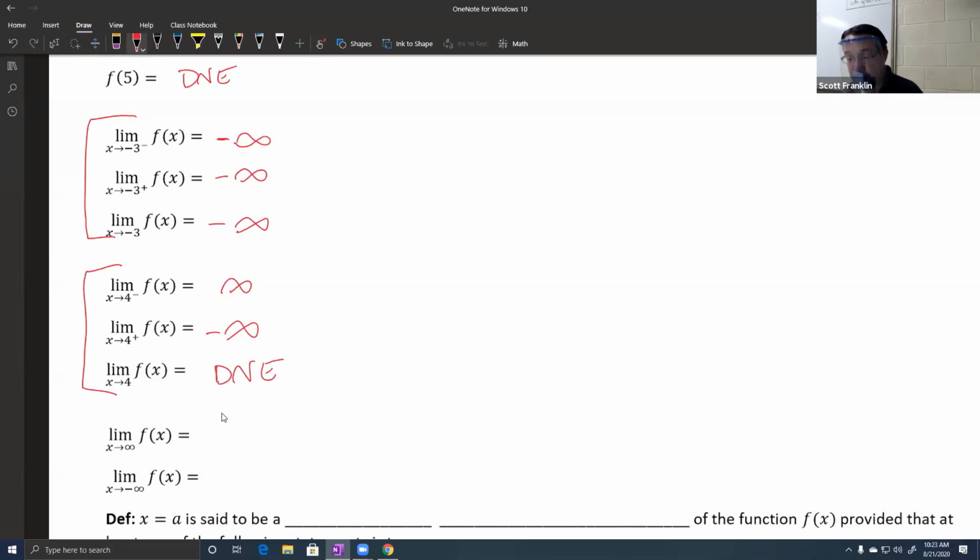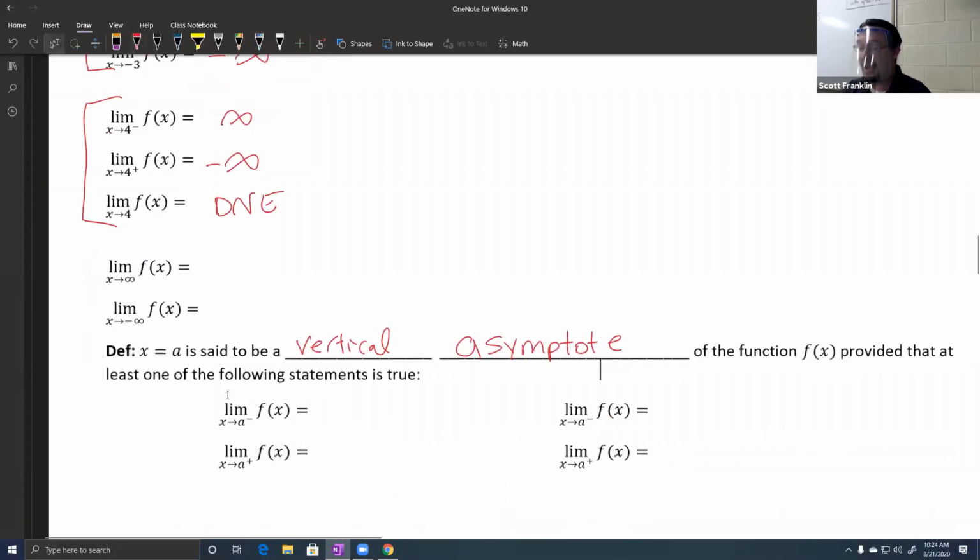So x equals a is said to be a vertical asymptote of the function if any one of these statements is true: the limit as x goes to a from the left is infinity, x goes to a from the right is infinity, x goes to a from the left is negative infinity, or x goes to a from the right is negative infinity. I'm just going to put commas in here, so to emphasize the fact that it's any one of them can be true. And it's called a vertical asymptote.